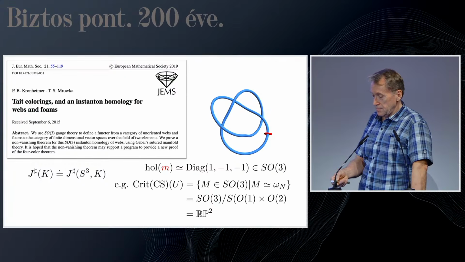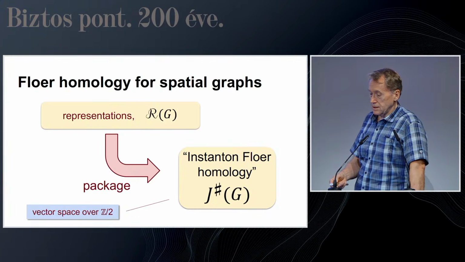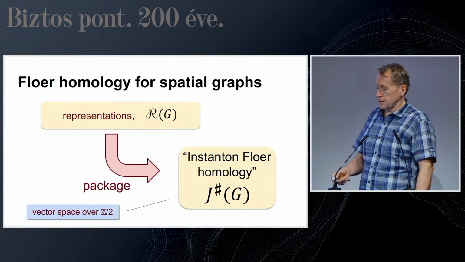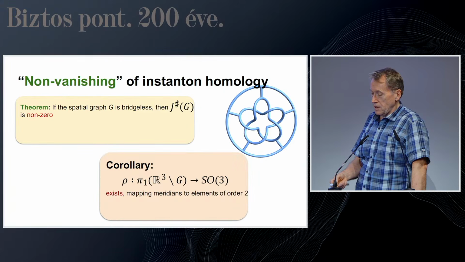And why was this interesting? We want to study these representations of the fundamental group, and from representations of the fundamental group, we get this J-sharp instanton homology.